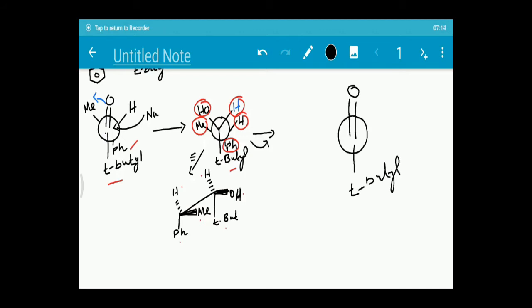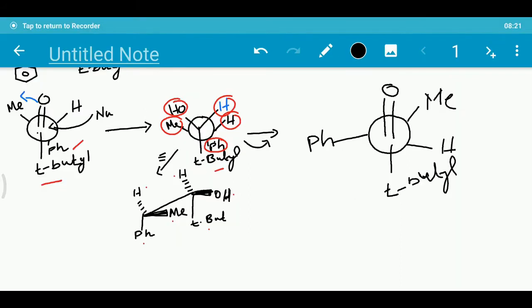So let me draw this first. Okay, so butyl. Now I have two possible conformations.